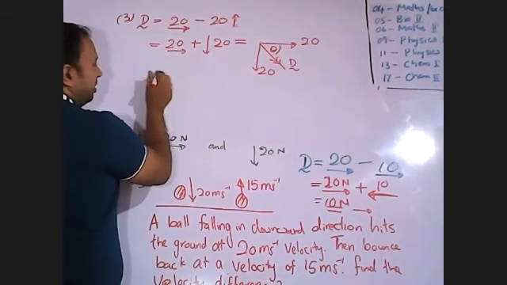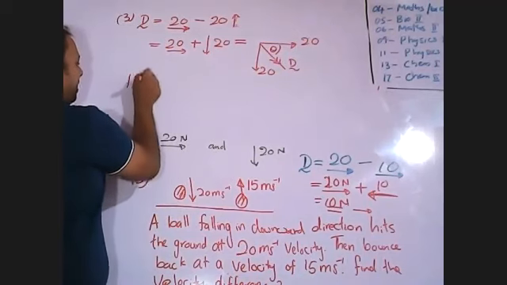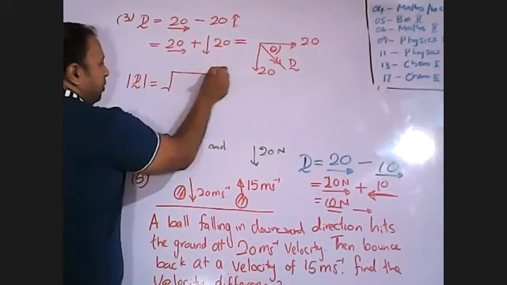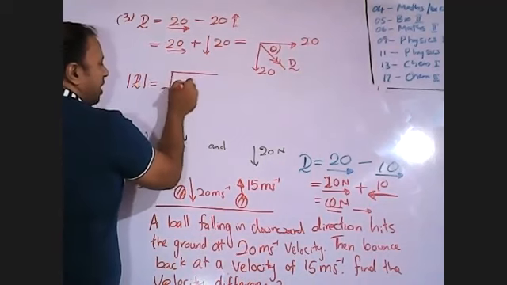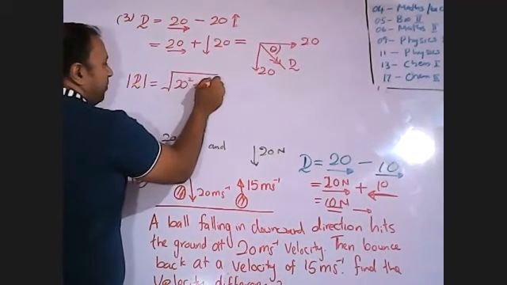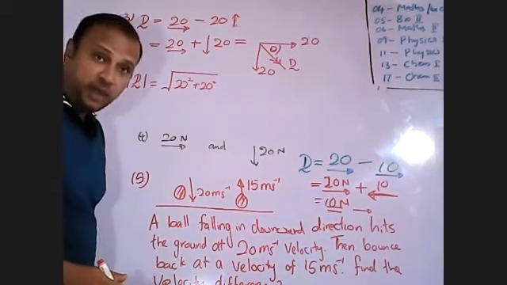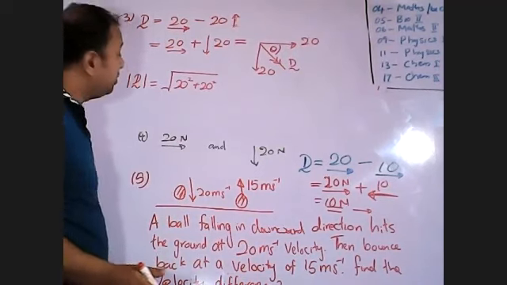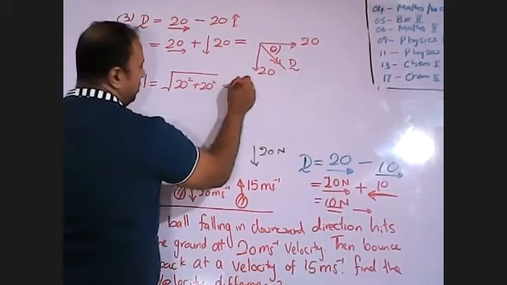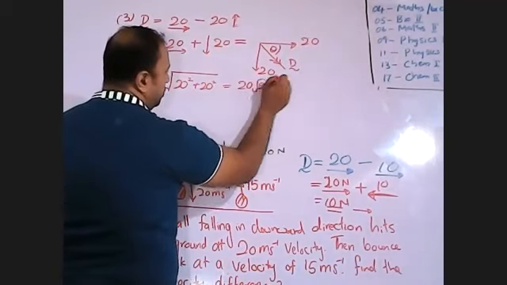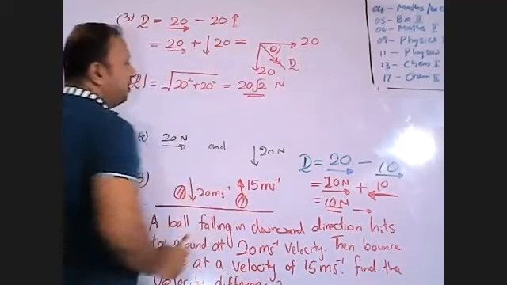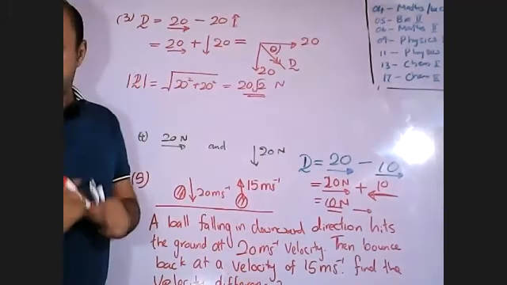Now the magnitude of D is equal to the square root of the square of 20 plus the square of 20. So that is equal to 20 times root 2 Newton. Right?